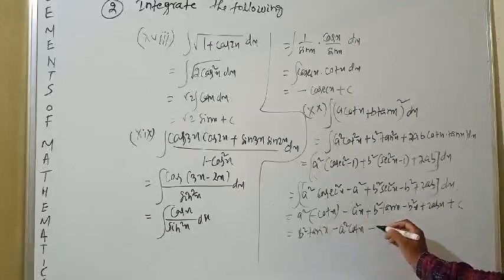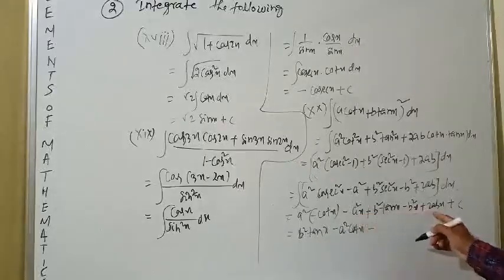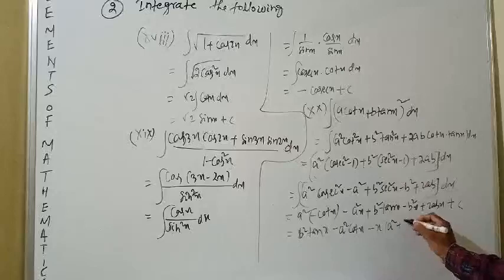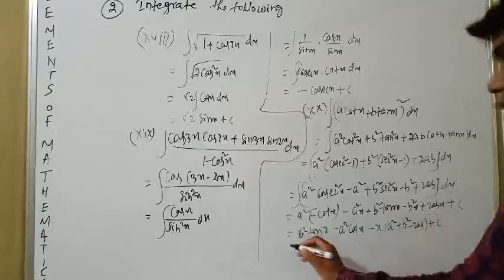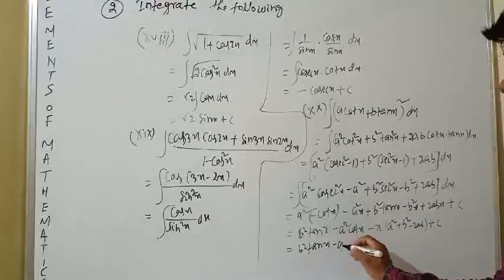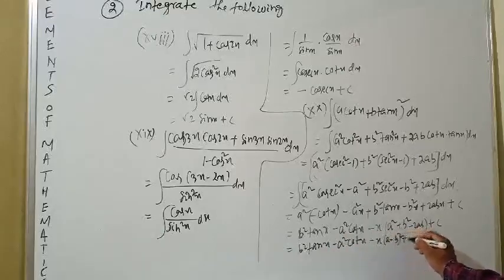Minus, you see, a square x minus b square x plus 2abx, taking common x, that is a square plus b square minus 2ab, plus c, is equal to b square tan x minus a square cot x minus x into a minus b whole square plus c. Pause the video, note it down.